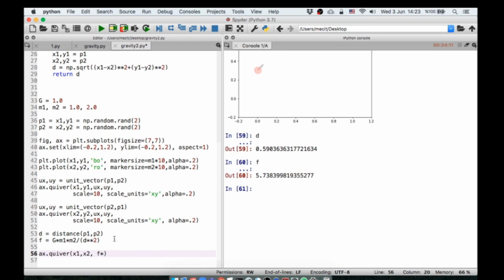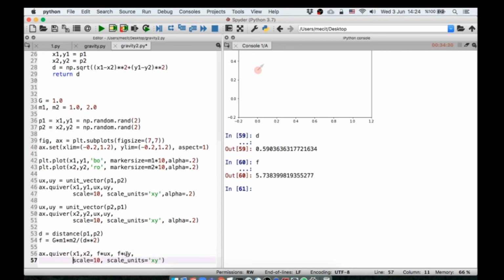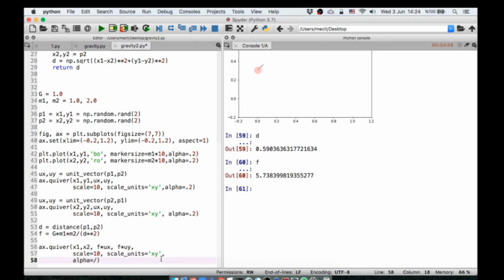If I do it f times ux, f times uy, this will exactly do what I am intending to do. So let's do the scales here again, and the alpha, I want to make more pronounced.